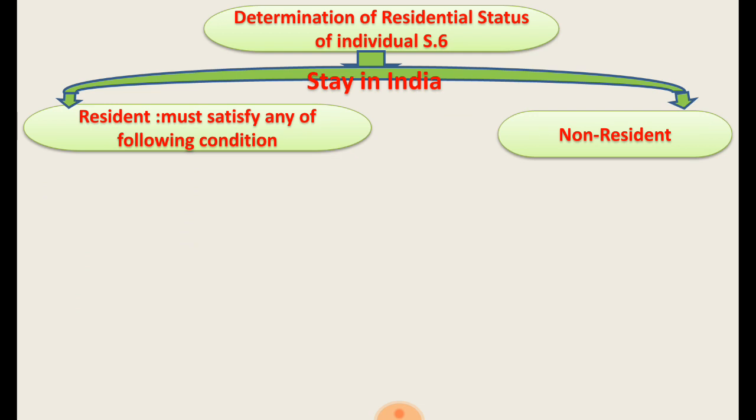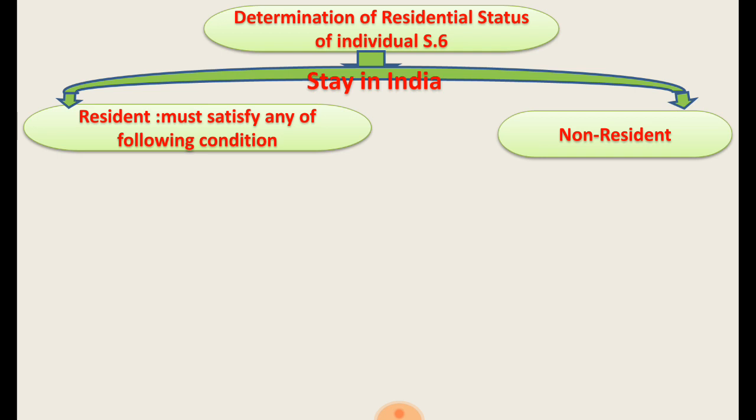What is considered is his stay in India, for how long he resides in India. Therefore, on the basis of his stay, that person can be either resident or non-resident.